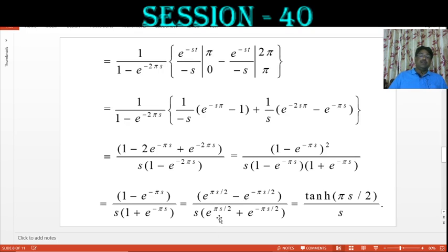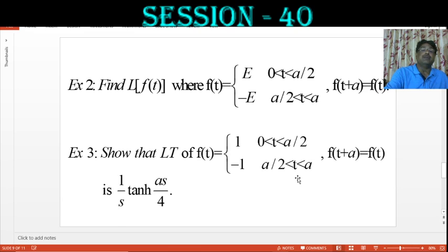In the similar way, you can get the denominator. Then divided by s as it is, again using the definition of hyperbolic functions, you can write this as tan hyperbolic pi s by 2. That would be the answer for that example.